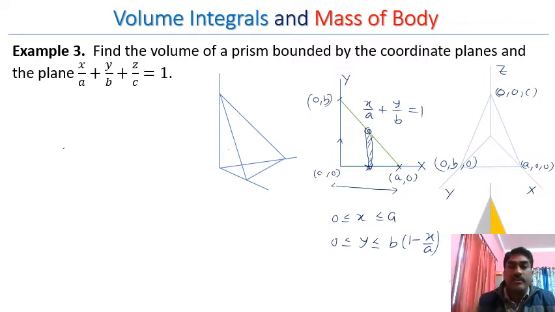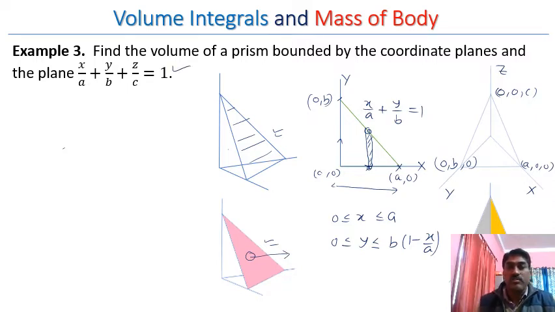For the limit of z, this is the triangular plane that I discussed a few minutes earlier in the same example. You can see the triangular shape in 3D. At each point of this triangle, z is given by this equation.